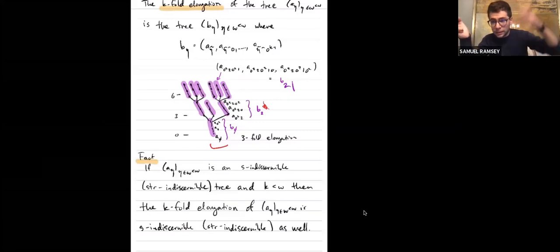You want to check that B eta bar has the same quantifier free type as B nu bar. But you know what those come from? If eta bar and nu bar were n tuples, then now they come from certain n times k tuples from omega less than omega, indexing elements of the original tree. So you have to check that those n times k tuples have the same quantifier free type if the n tuples did. And that's grungy. That's a really gross kind of check to do by cases, but you can do it.